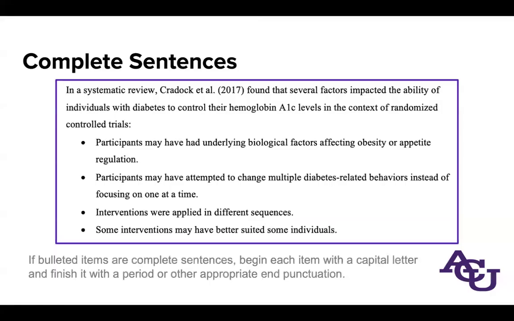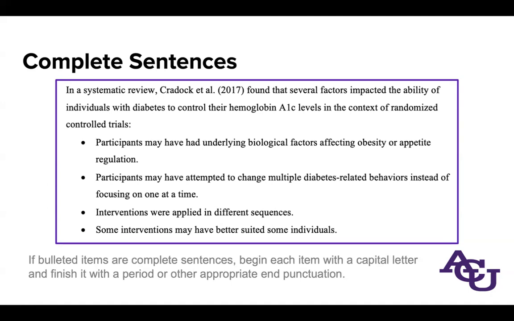situations. So if your list items consist of complete sentences, as in this example here, you will begin each item with a capital letter and you will finish it with a period or other appropriate end punctuation. We'll read part of this to see. In a systematic review, Craddock et al. found that several factors impacted the ability of individuals with diabetes to control their hemoglobin A1C levels in the context of randomized controlled trials.